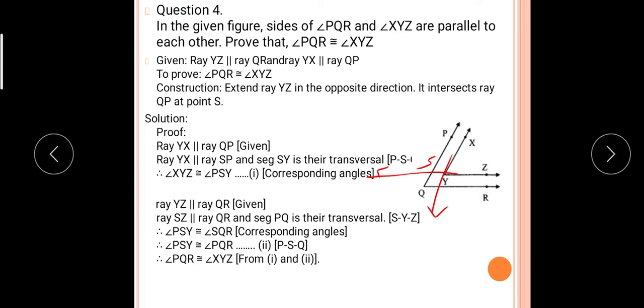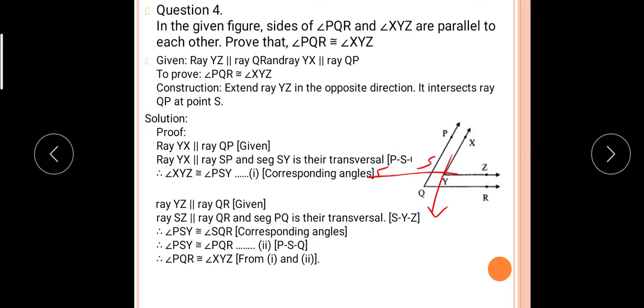So YX is parallel to SP, and SY is a transversal.